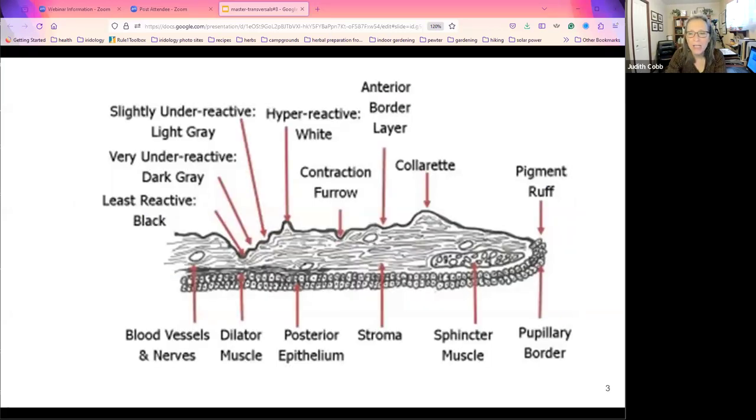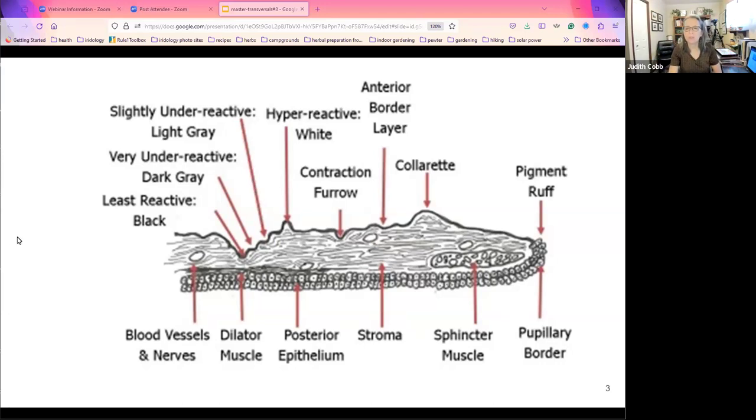So when we are talking about fiber structure, we need to know a little bit about the structure of the iris. Imagine that we've taken the iris, which is a donut shape, and laid it flat and cut it so that we can raise one of those cut edges and look at the cut end.